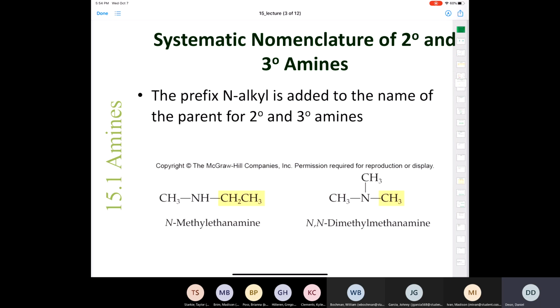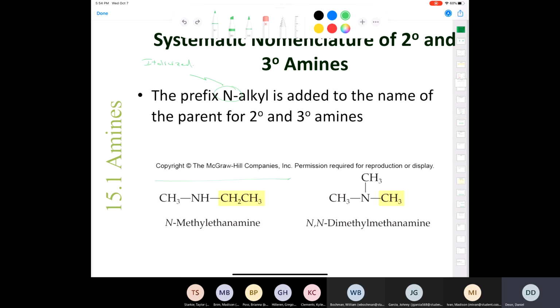So how did they come up with these two names for these molecules that are shown at the bottom? I'm just going to highlight one thing because you guys always have good questions. This N, when it's printed in a book, for example, is usually italicized. Okay, it's almost always italicized. You see how they're italicized here, these N's? Well, let me explain how to use those.